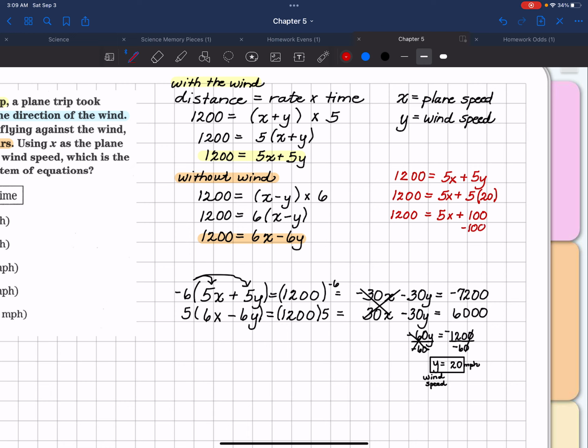Move the 100 and cancel. So 1100 equals 5x. And divide both sides by 5. And you should get your answer. 220 miles an hour is the plane speed.